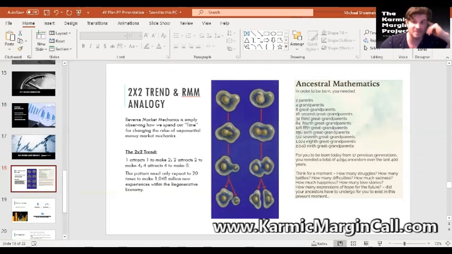Think about that for a moment. And think about if we go back 800 years, that's over 1 million. Over 1 million people, over 1 million acts of procreation made you.